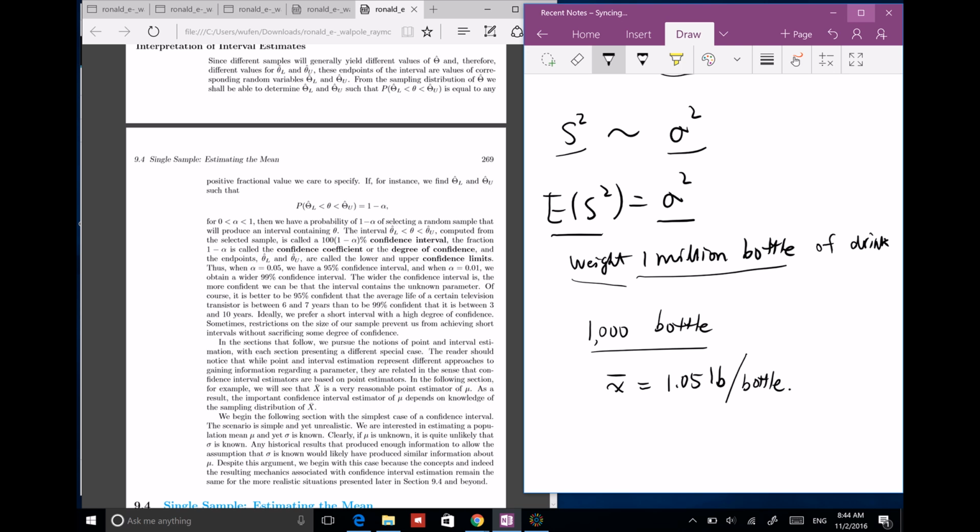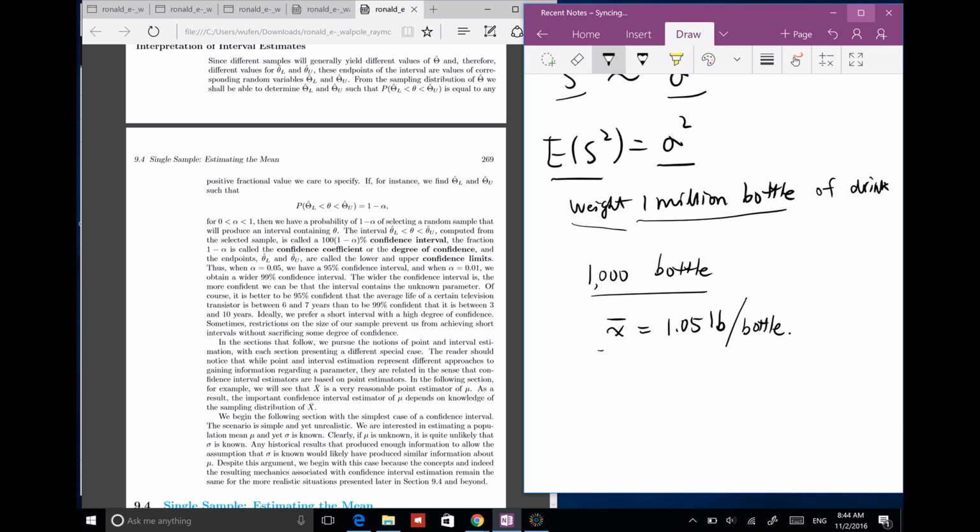So what happens is, we want to use the average of these 1,000, the sampling average, to estimate the population average. The population mean value will not be exact. It's very likely not exactly the same as the X bar. The average of 1 million bottles might be 1.06 or might be 1.051.